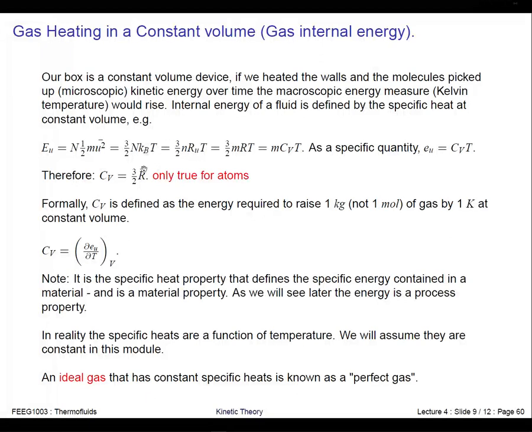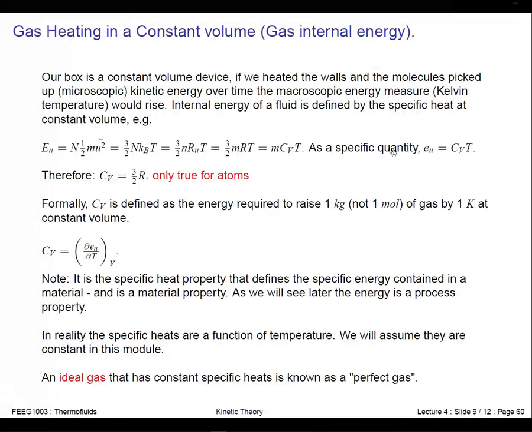Then we can get rid of the Boltzmann constant by making use of the universal gas constant, and convert the universal gas constant to the mass-based gas constant using the molecular mass, and we define this C_V as 3/2 times the gas constant. Key point, it's only true for atoms. It's not true for air or N2 or CO2 or anything like that.